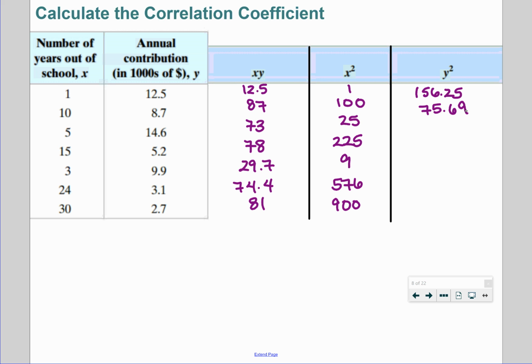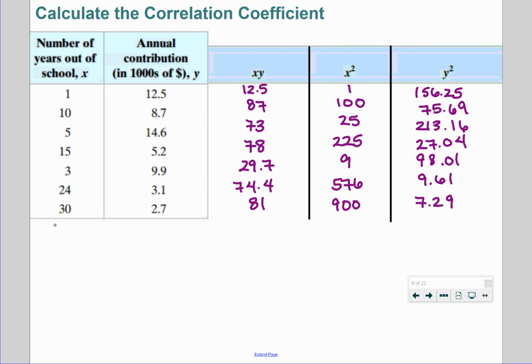There we go. 213.16. 5.2, 27.04, 9.9, 98.01, 3.1, 9.61, and then 2.7 squared, 7.29.